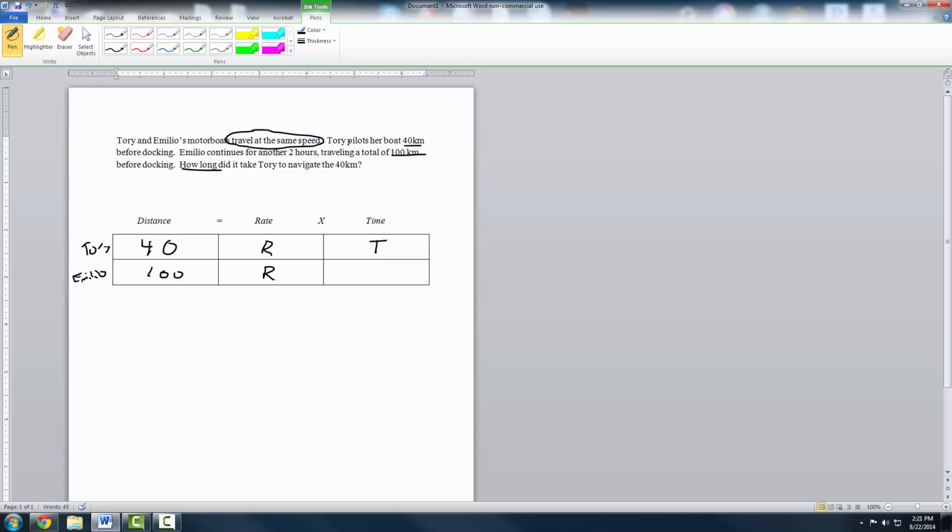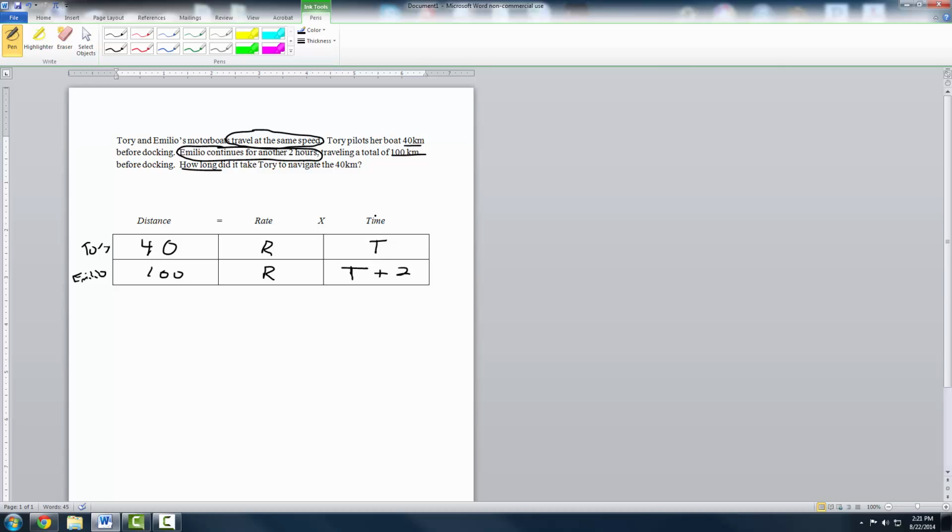But we do know that Emilio continued another 2 hours after Tori stopped. So Emilio took all of Tori's time, which is t, and then he went on for another 2 hours. So that's t plus 2. For example, if Tori rode her motorboat 3.5 hours, that means Emilio rode his for 5.5 hours, 2 more than Tori's. So Tori's is t, Emilio's is t plus 2.